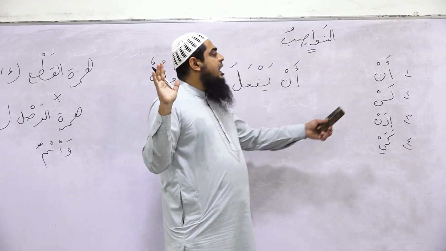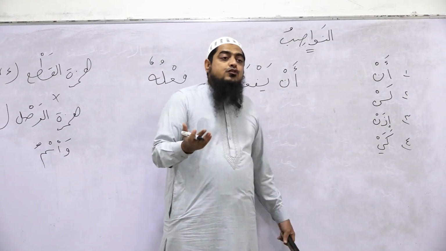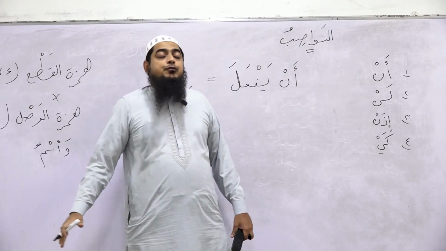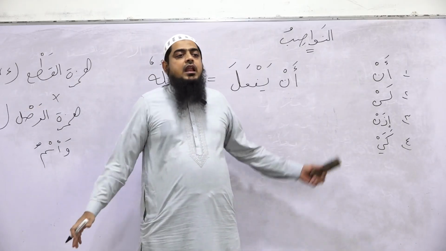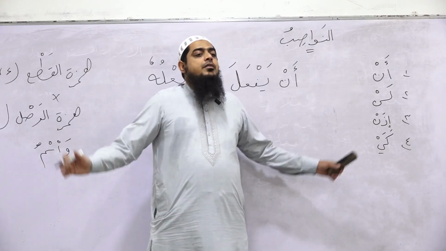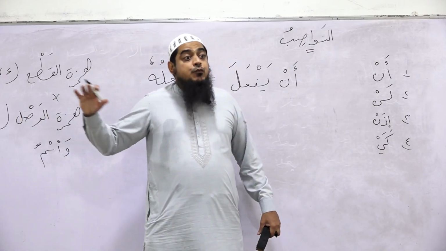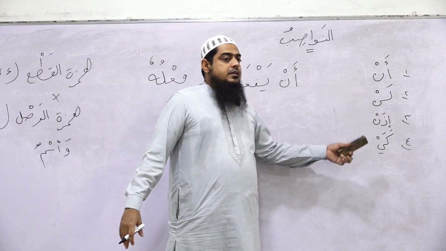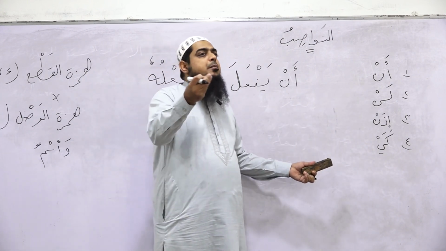Each and every letter has its own meaning. Lan is used to negate in future tense. If you say that I won't do something, you say lan. Lan af'ala means I won't do in future. To negate in future, you use lan. Again, it has its own usage, in some circumstances.